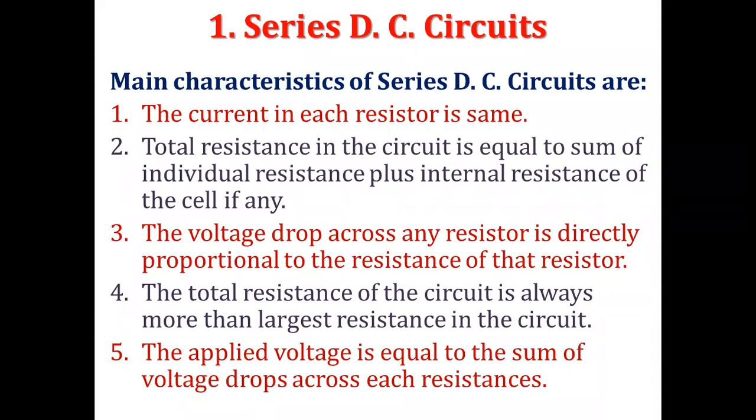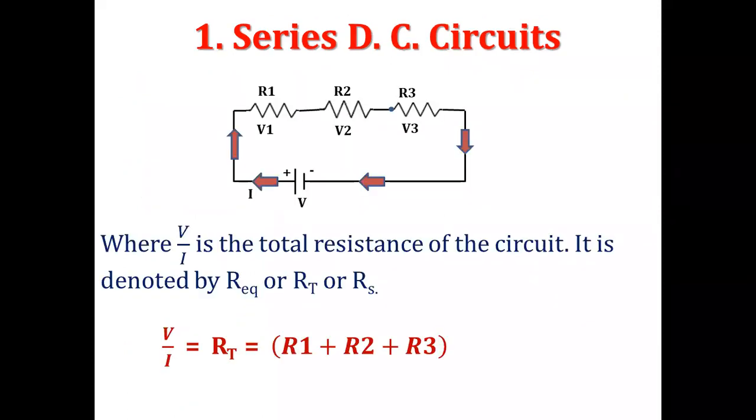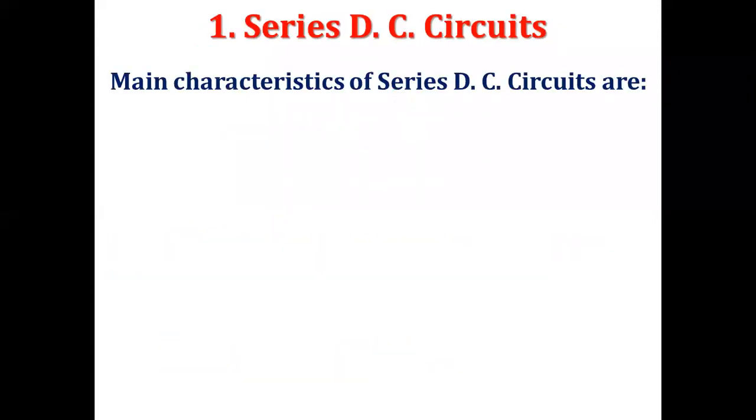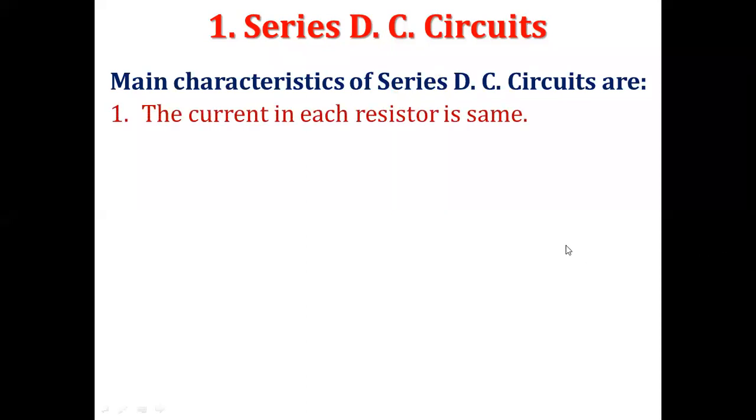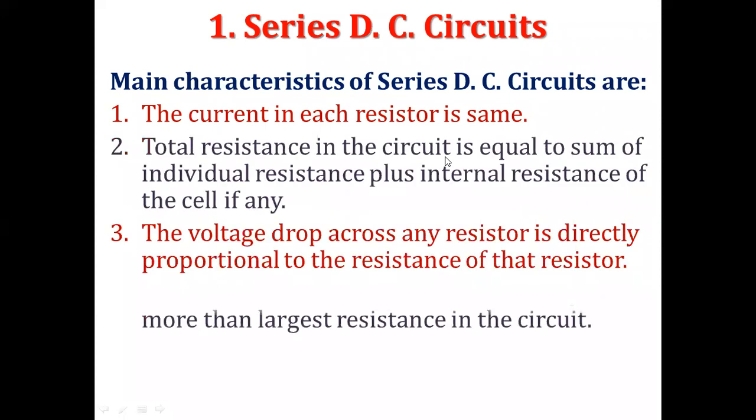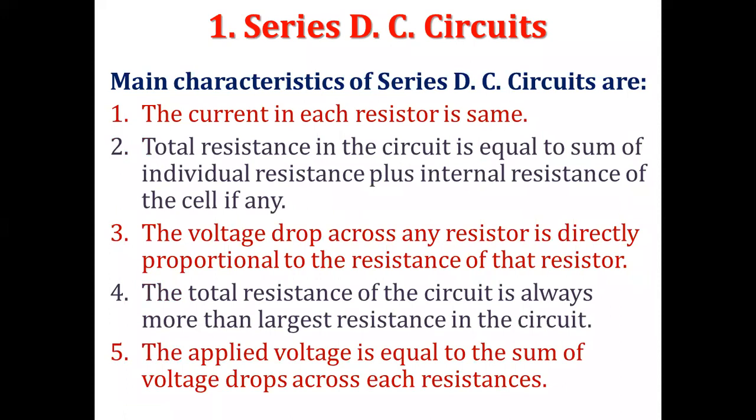No, sir. Okay, note down this one then. Where did we stop the dictation? Up to this point, is it over? Yes, sir. Okay, next you write down. Take the heading: Main characteristics of series DC circuits are.